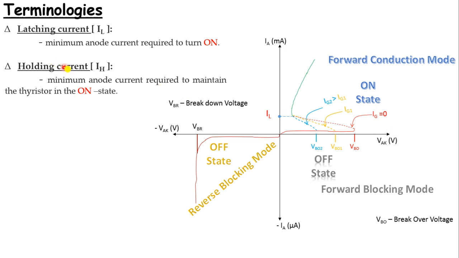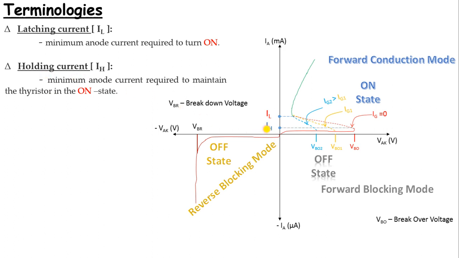The next term is the holding current IH. It is defined as the minimum anode current required to maintain the thyristor in the on state. See the difference between the latching current and the holding current. This is the minimum current required to turn on the SCR. Once that SCR is turned on, then we need to maintain the SCR in the on state by maintaining a minimum anode current, which is nothing but the holding current.